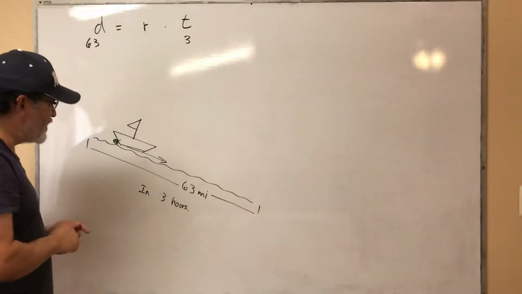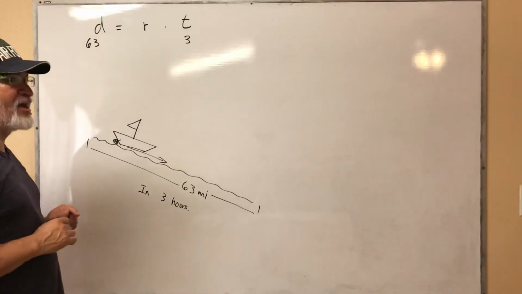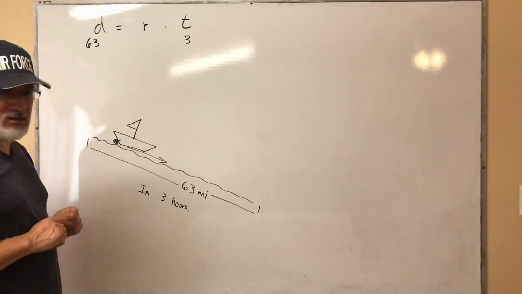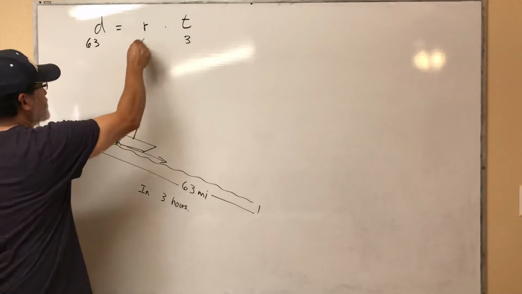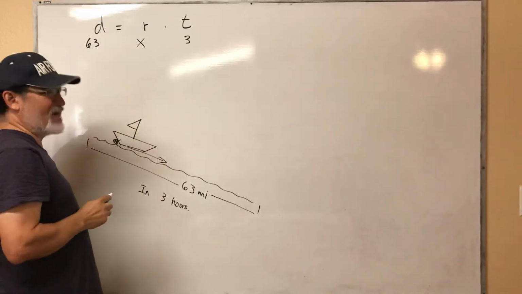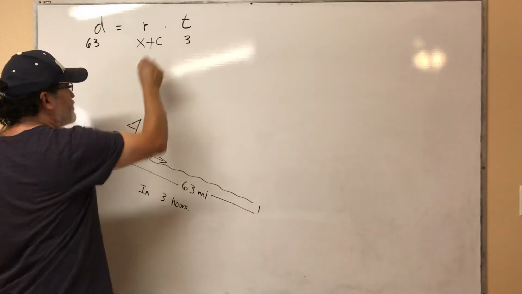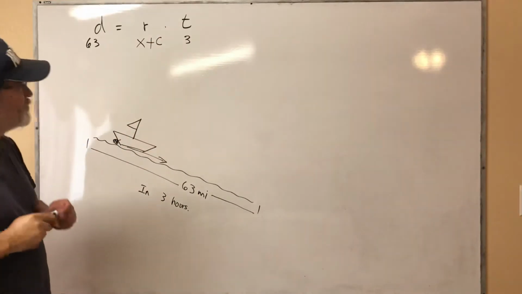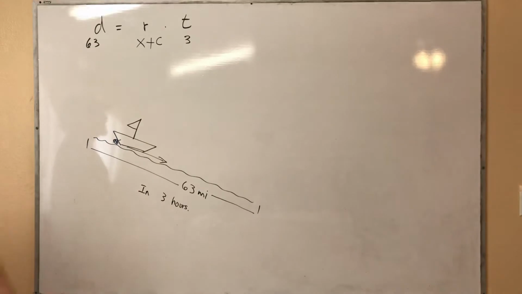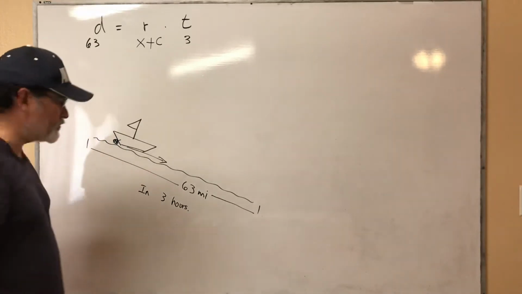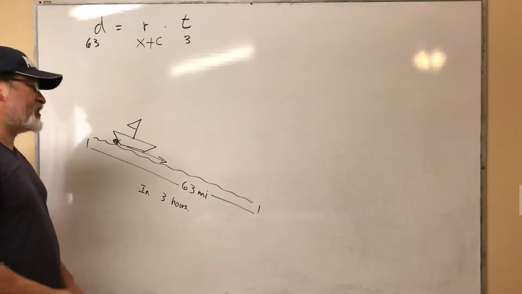So the rate, I'm going to say the speed of the boat is X plus the speed of the current is C. That's downstream, okay? But then it returns.